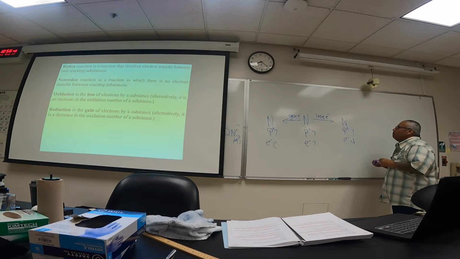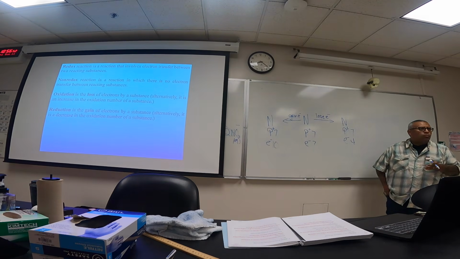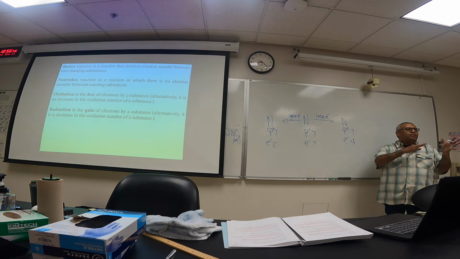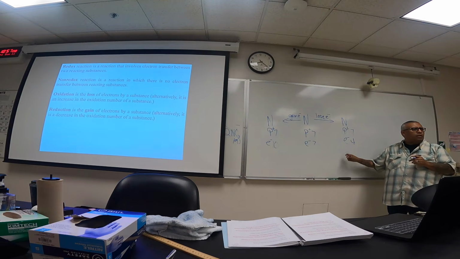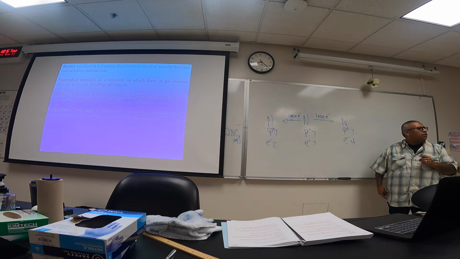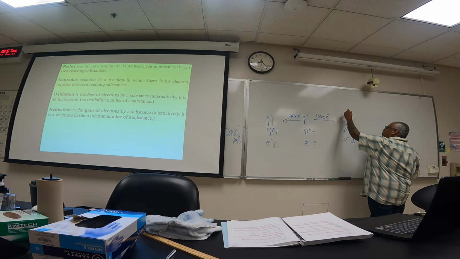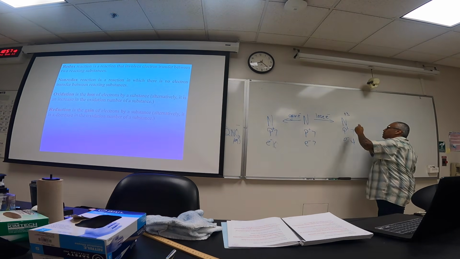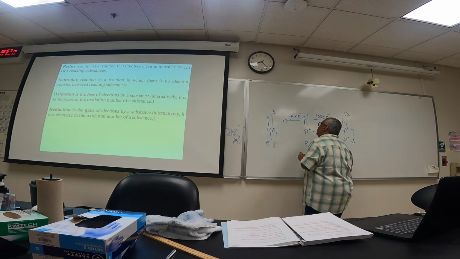So here, we're going to give this an oxidation number, which is different than a charge. Okay. We're just shifting electrons around. This is not the charge. This is its oxidation number. And the oxidation number here is plus 3, and this is minus 3.